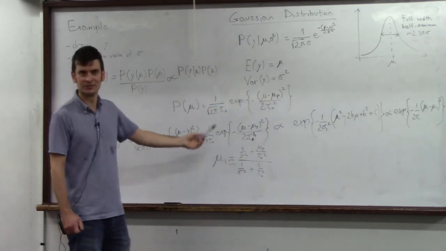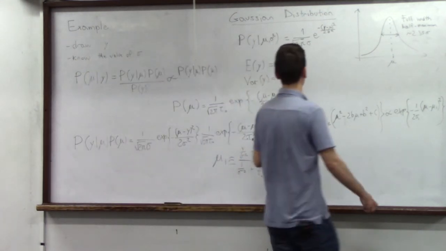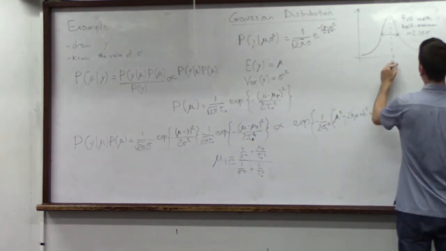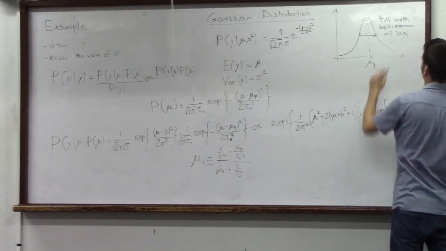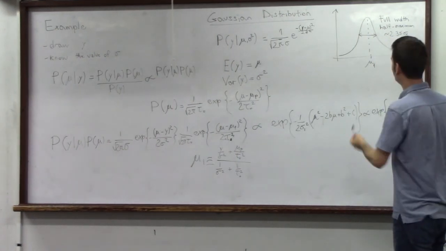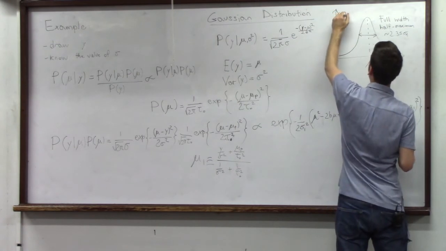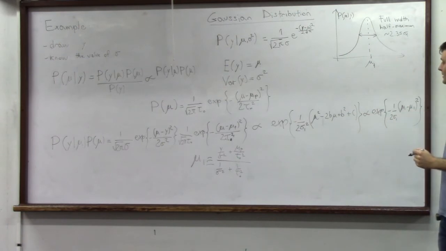Okay, what is this? So the new mean of this Gaussian distribution, okay, this is easy. Just add the one here. So the posterior probability distribution looks like this.